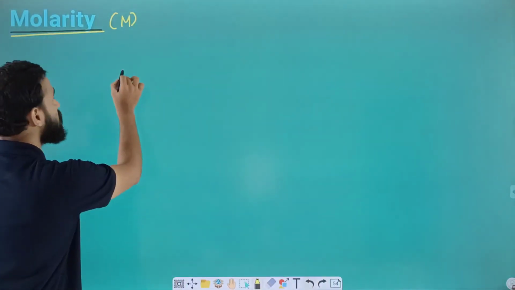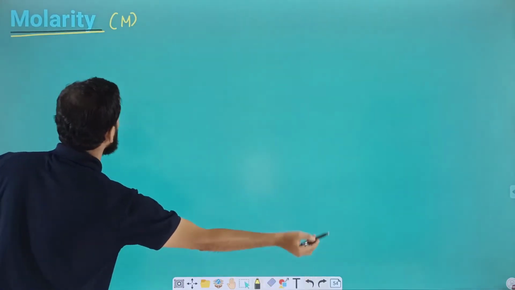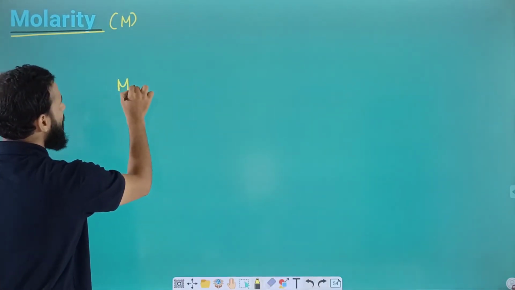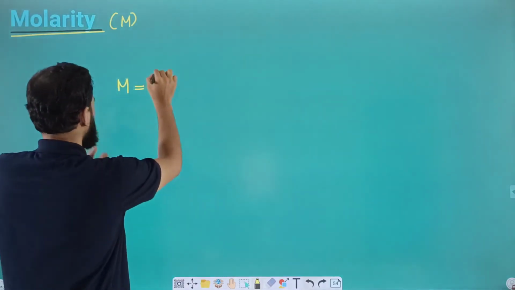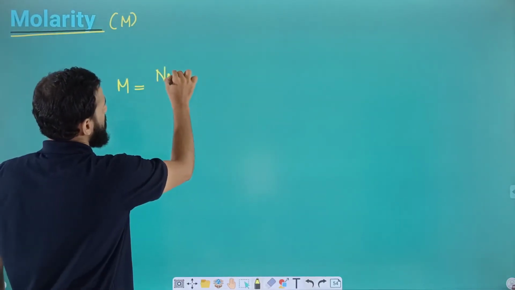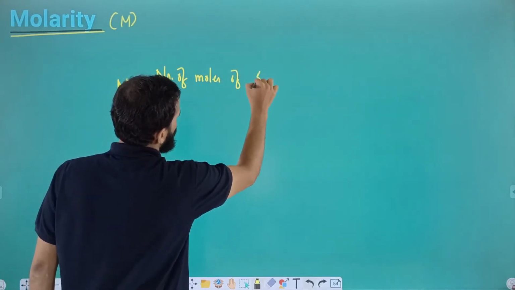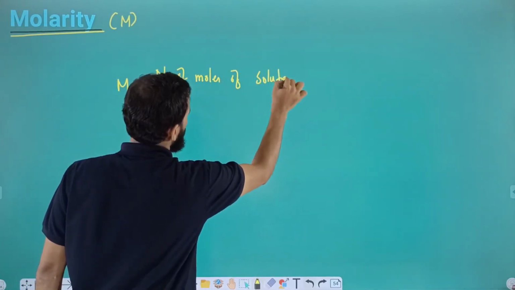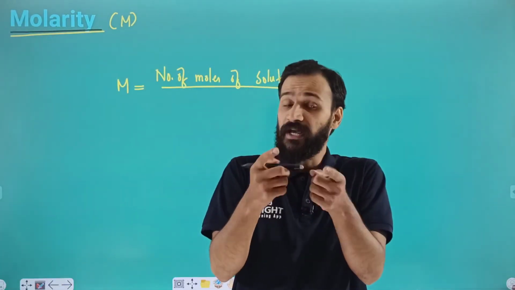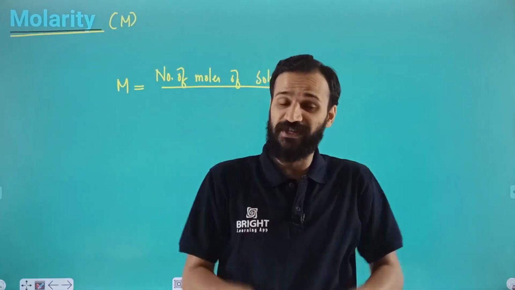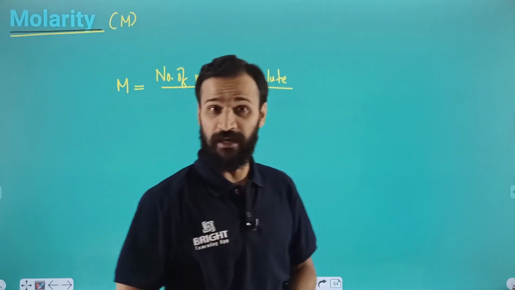So what will be the equation for molarity? Molarity is equal to the number of moles of solute divided by, according to the definition, the number of moles of solute present in 1 liter of solution. Liter is a unit of volume, isn't it?